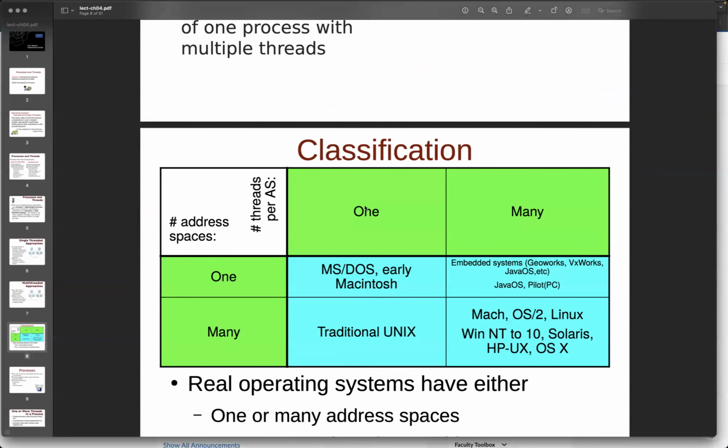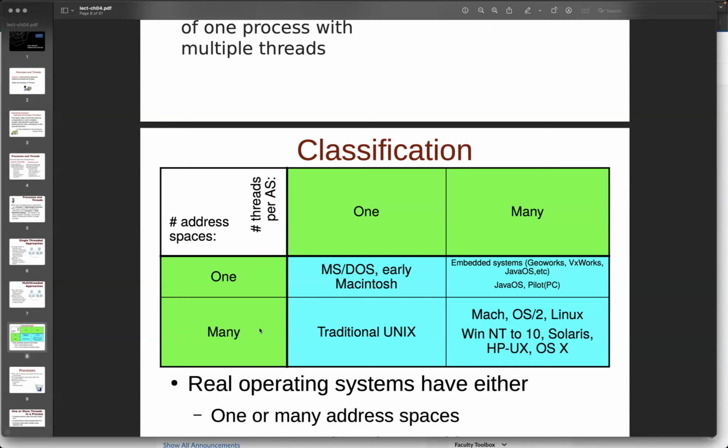If you look at the classification here, if there is only one process and only one thread, one address space, then we have MS-DOS or early Mac OS. And when we have multiple threads but a single process, like Java, it works like this.